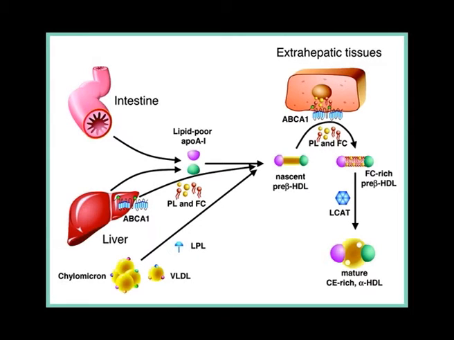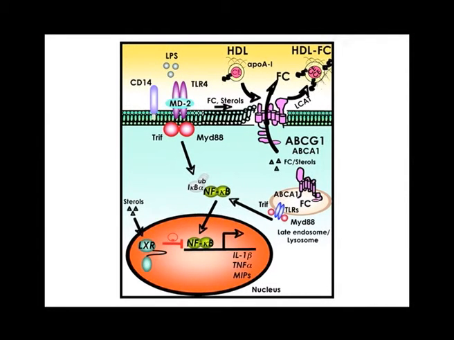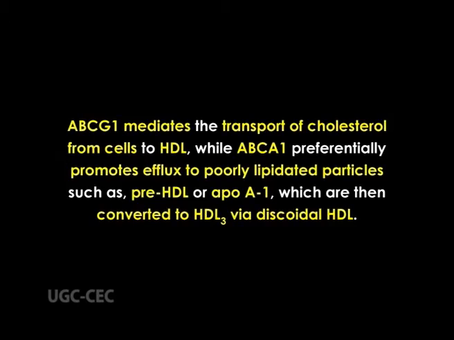A second important mechanism for reverse cholesterol transport involves the ATP binding cassette transporter A1, ABCA1, and G1, ABCG1. These transporters are members of a family of transporter proteins that couple the hydrolysis of ATP to the binding of a substrate, enabling it to be transported across the membrane.